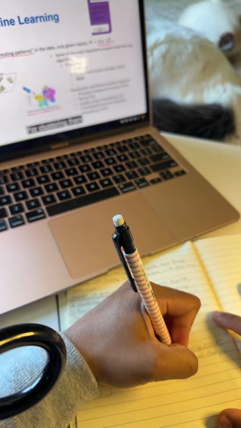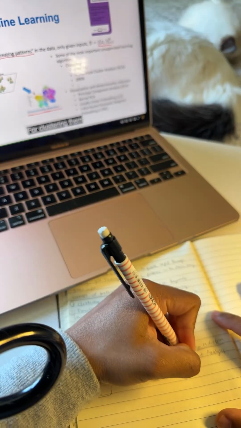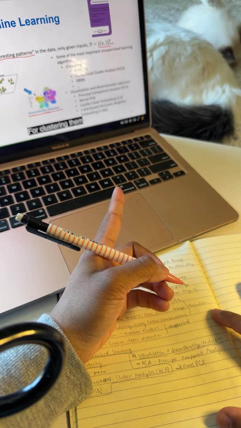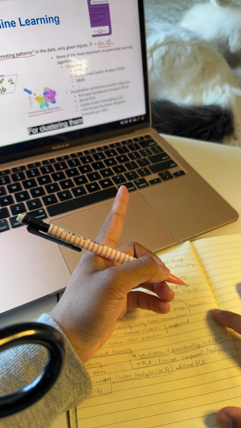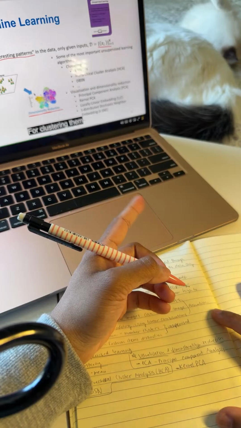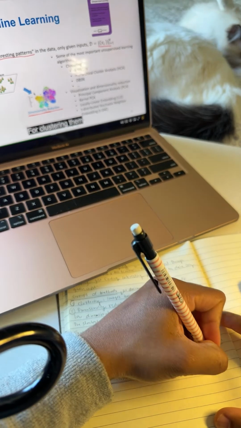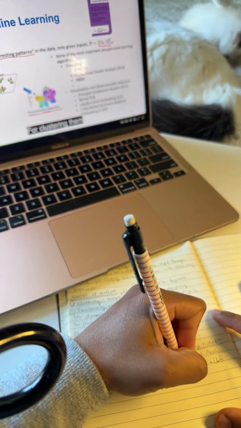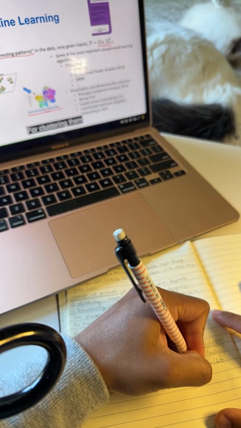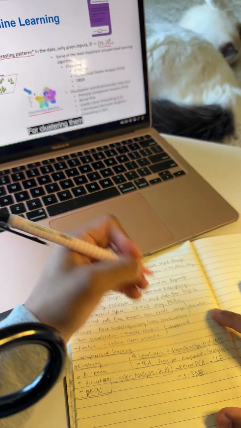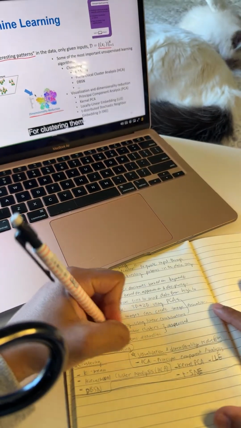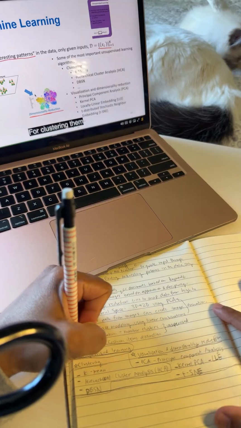And then there's kernel PCA and local linear embedding, LLE. I don't even know if it makes any difference to put the acronym or the whole thing. I'm not gonna remember that. Okay. These are the two different types of unsupervised learning algorithms.